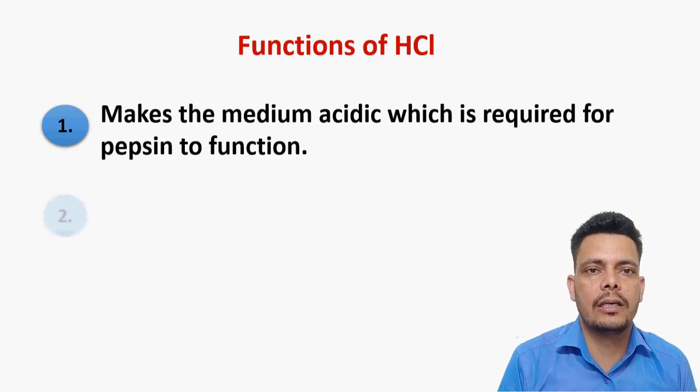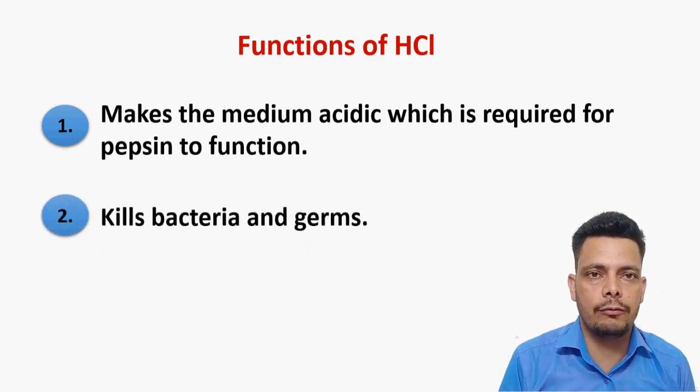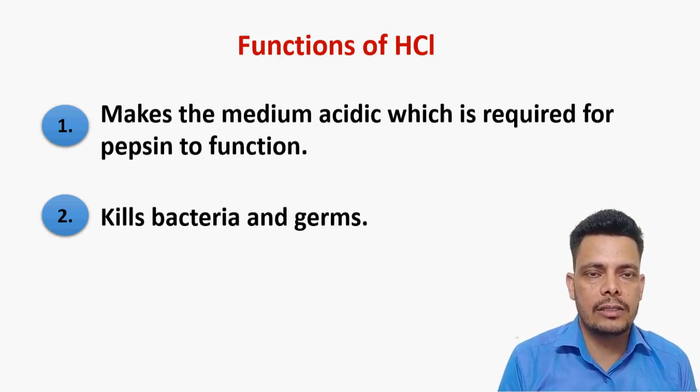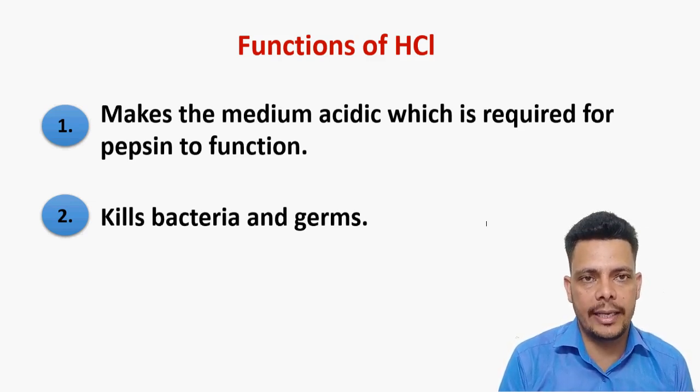So now the second function of the hydrochloric acid is to kill all the germs. Suppose you eat food and some germs are present in it, so that acid will kill all the germs present in it. There are two functions of the acid that you have understood. The first is to kill the microorganisms or germs present in the food. The second function is to provide the acidic medium for the pepsin to act.